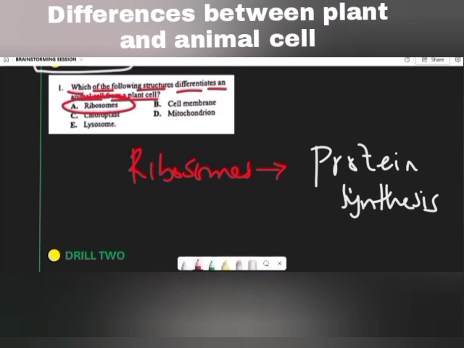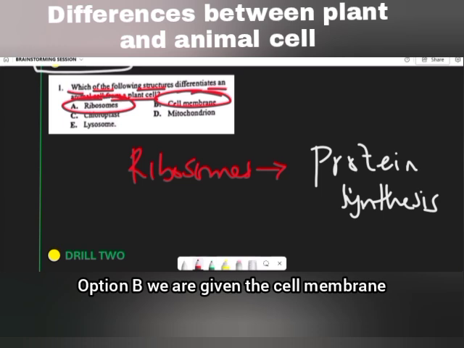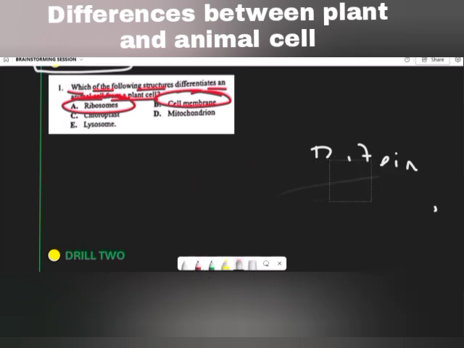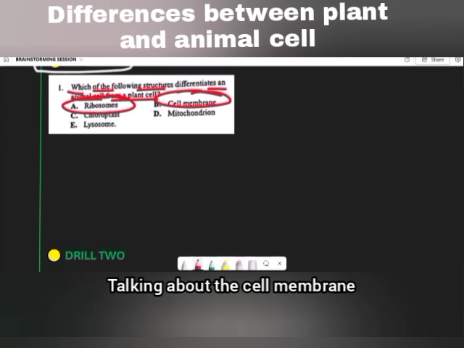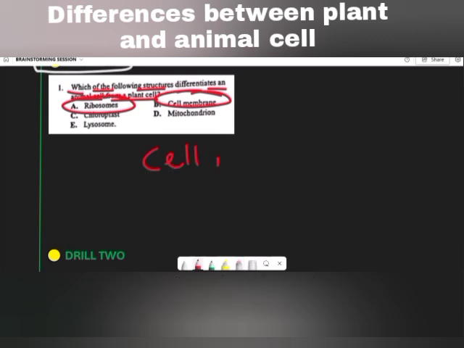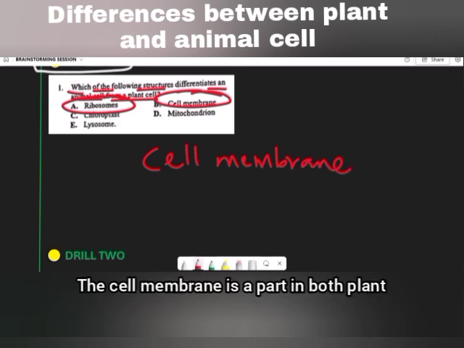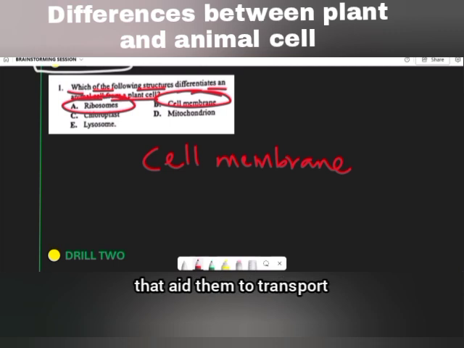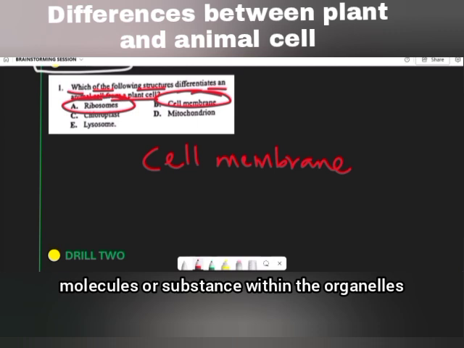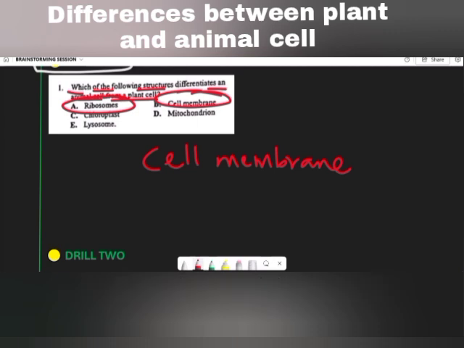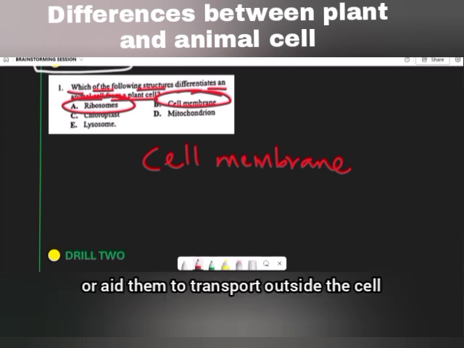Going to option B, we are given the cell membrane. The cell membrane is a part of both plant and animal cells that helps them to transport molecules or substances within the organelles, or to transport them outside the cell.